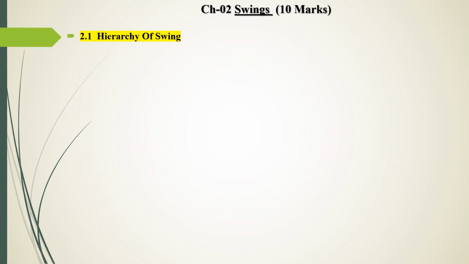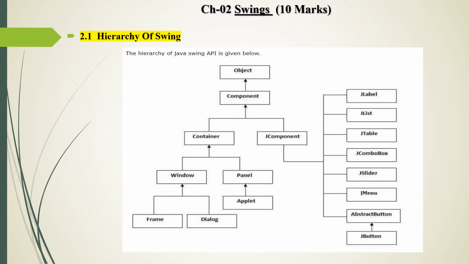Next, we see the hierarchy of Swing classes. The figure shows the hierarchy of Swing classes. The hierarchy of the Java Swing API is given below. First, the main superclass is Object. In Object, Component is another subclass. In Component, JComponent is another subclass. This JComponent contains the different components for Swing. Component also has Container.